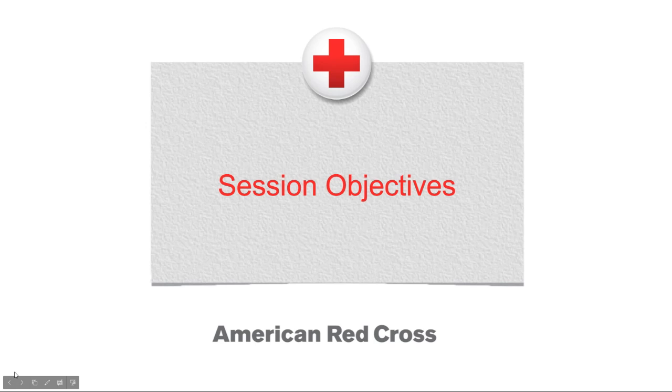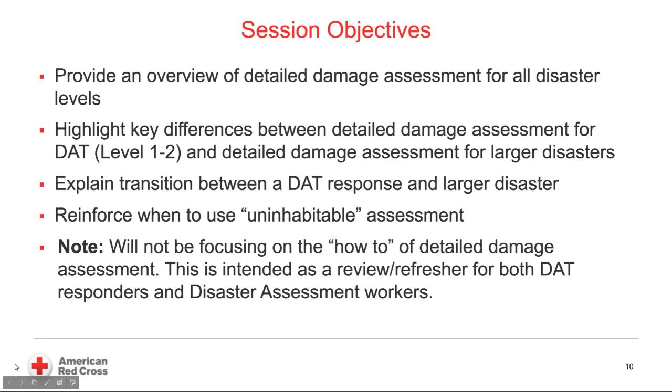So in our session today, we hope to provide you with just an overarching review of the detailed damage assessment for all levels of disaster. We intend to highlight some of the key differences between detailed damage assessment for DAT, that level 1, 2 response, as well as our detailed damage assessment for larger disasters. We're going to explain briefly about the transition between a DAT response and when it might turn into a larger disaster with respect to the assessment.